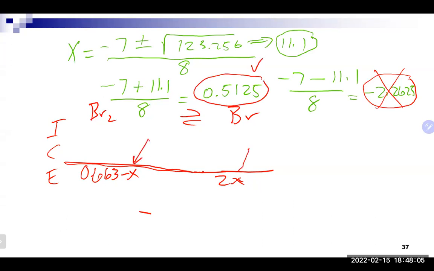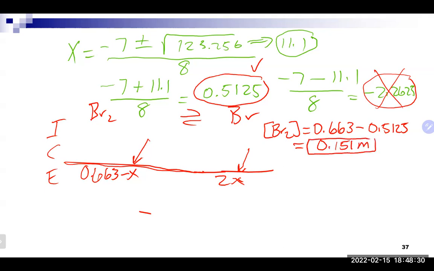We're now going to go back to our equilibrium table and put it in for each of them. That means that the concentration of Br2 would equal 0.663 minus our x value, which is 0.5125. And that gives us a Br2 value of, we'll call it, 0.151 molar. It does need molar since it is a concentration.